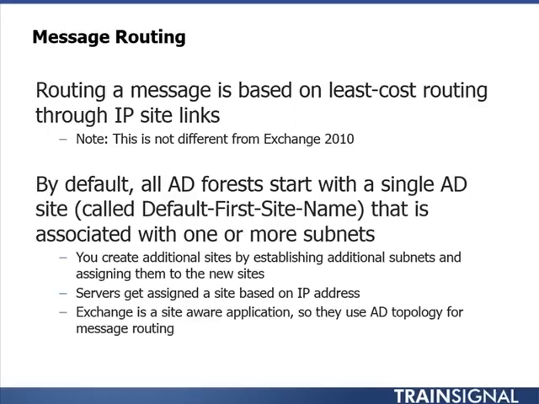Exchange is a site-aware application. That's the official term for what it does. It's site-aware in that it uses the Active Directory topology for message routing. So when you ask the question, how do messages get routed from one site to another in the Exchange organization, the answer is, it's done through the Active Directory topology by default. That makes a lot of sense when you think about the replication of information that has to take place within an Active Directory organization between sites, between various domain controllers.